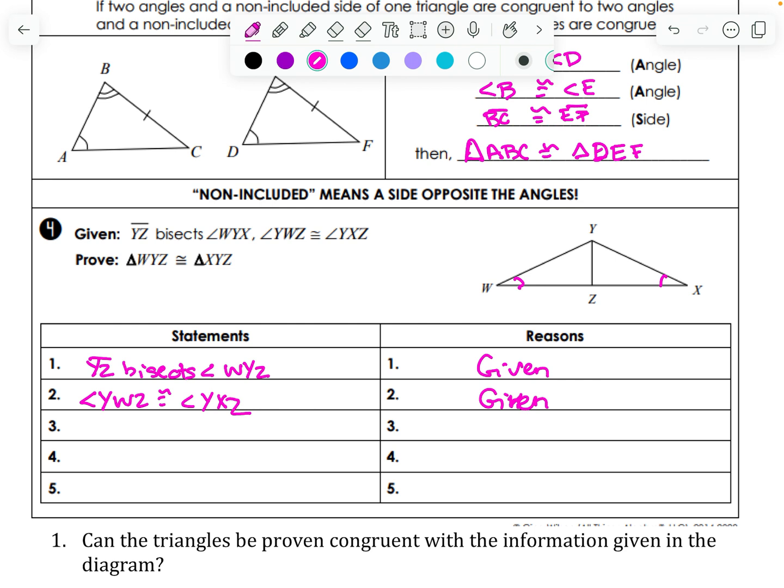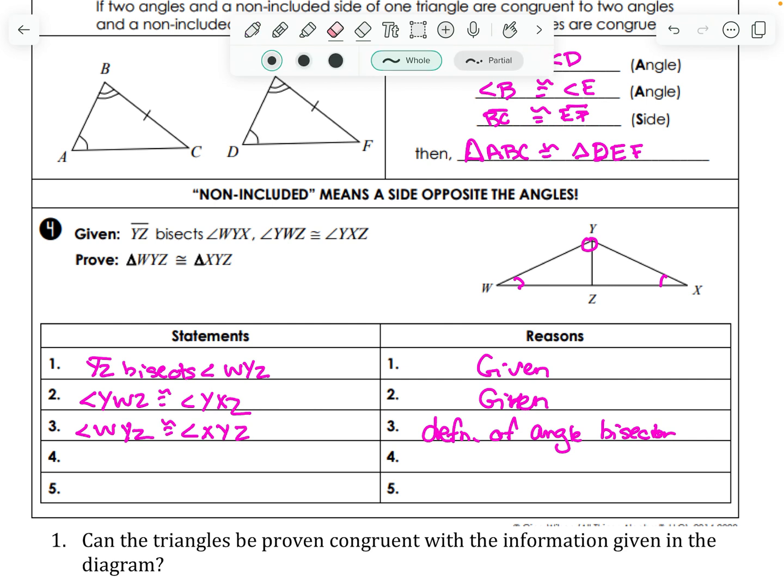Then we get this, YZ bisects WYX. So if that bisects, we can write the definition of angle bisector. So this is angle WYZ is congruent to angle XYZ. So I'm going to mark my diagram showing that. That's from the definition of angle bisector.